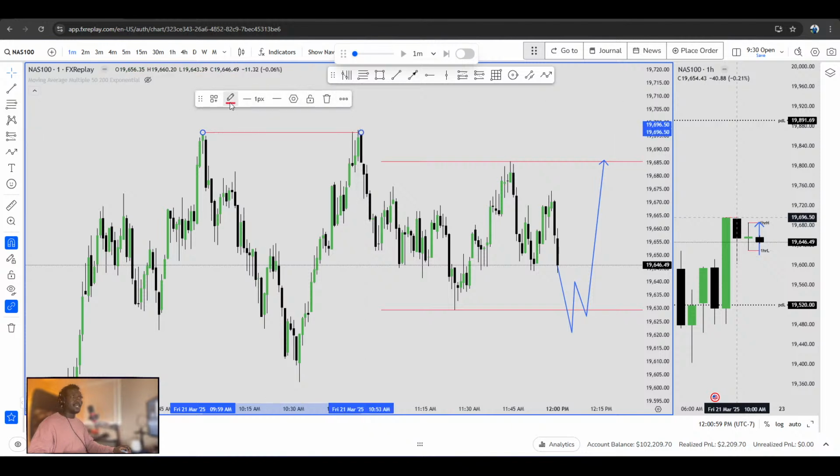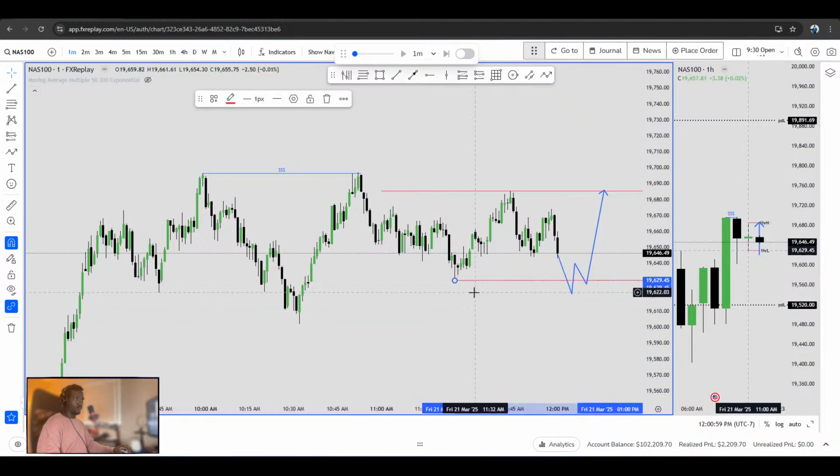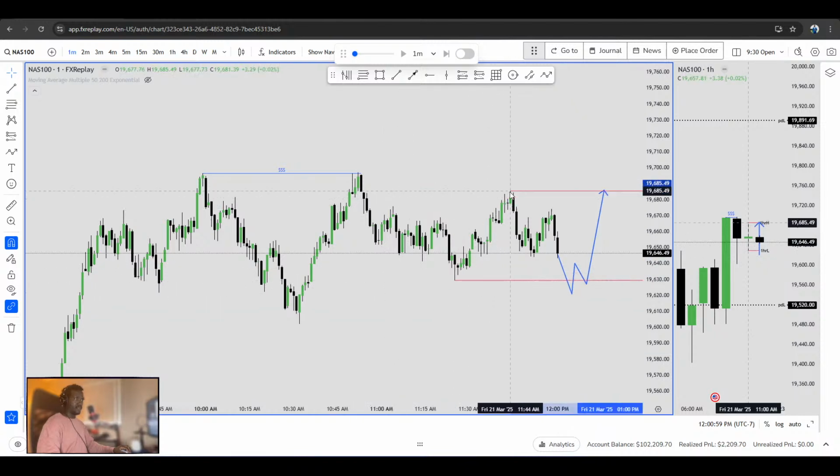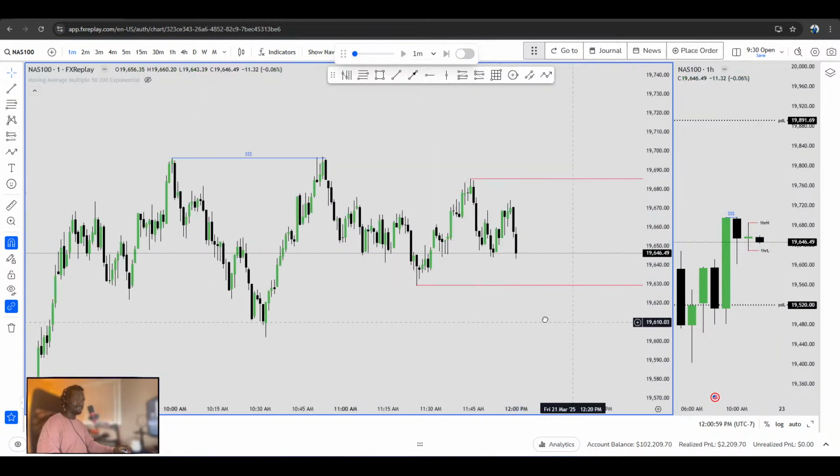So those are equal highs over there. Ooh, so I'm thinking there's some money over here. That's a double top resistance, so people are taking shots. So we do have some money there, so let's see if we can come and take those people out.